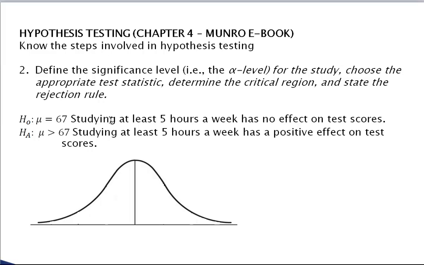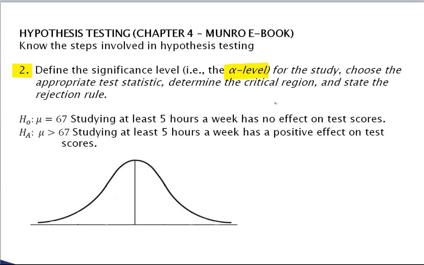So here, the second step, what we're going to be doing here is just determining the level of significance. This is called the alpha level. And the alpha level we choose, or the researcher would choose, before we collect the data, and we choose it at the beginning of the study.